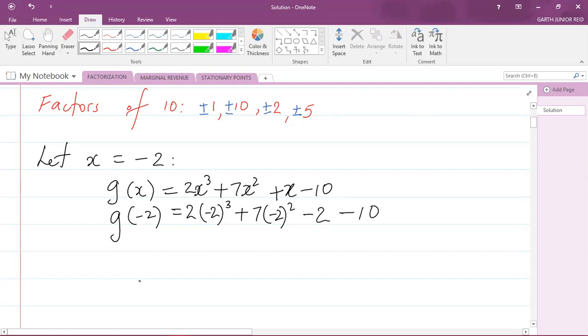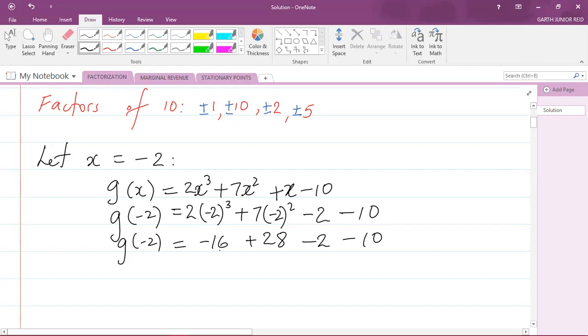Negative 2 cubed gives me negative 8, and negative 8 multiplied by 2 gives me negative 16. Then I have negative 2 squared, which is 4, and 4 times 7 gives me plus 28. Minus 2 minus 10.